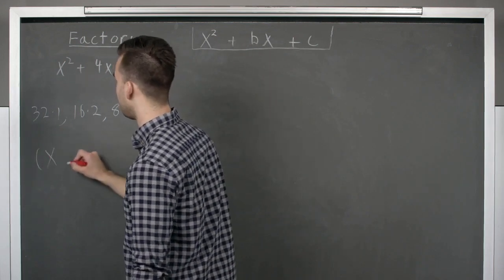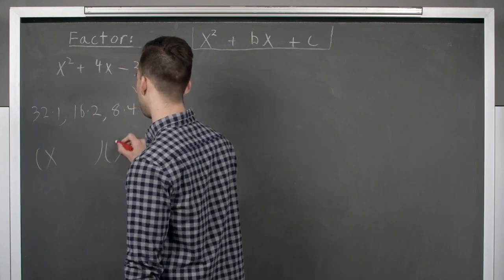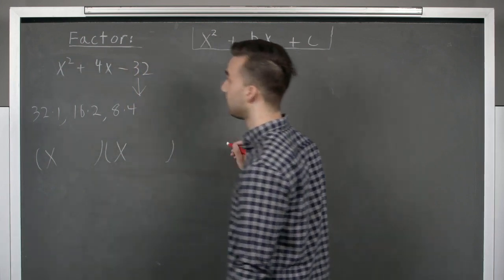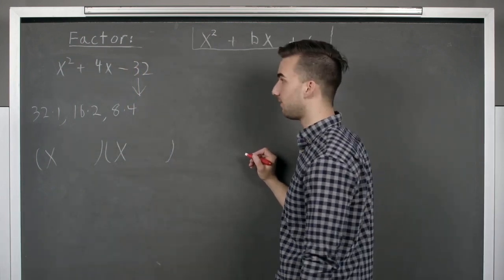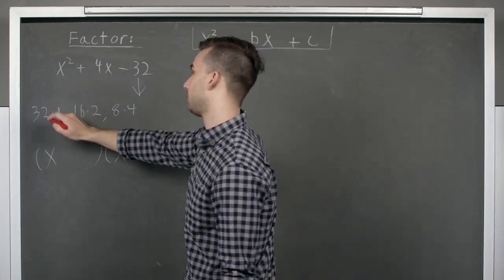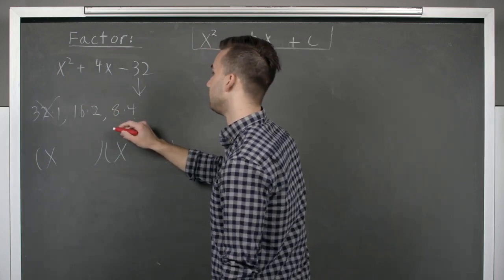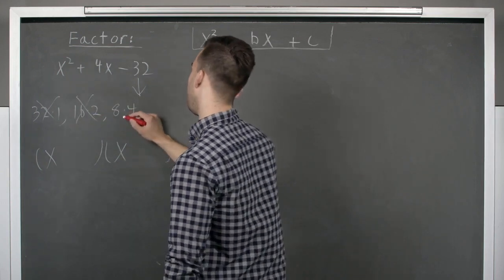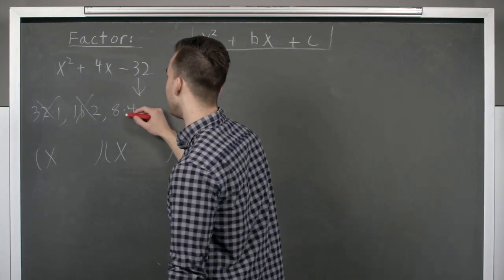But let's go ahead and write it out in factored form. So now we just need to find which set of factors will add up to 4. 32 and 1 will not. 16 and 2 will not. 8 and 4, they can.